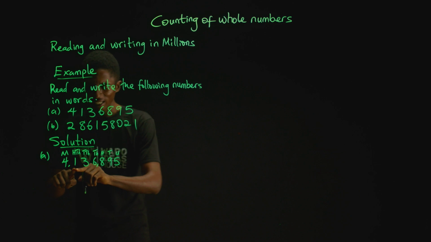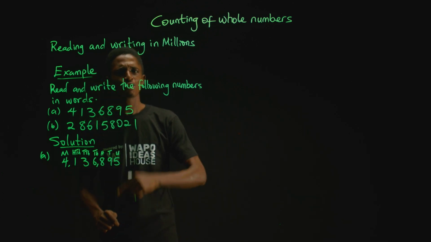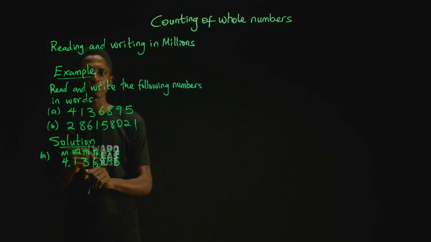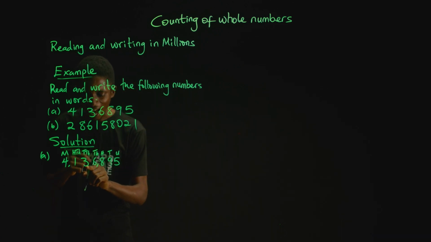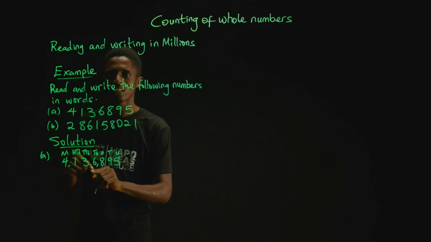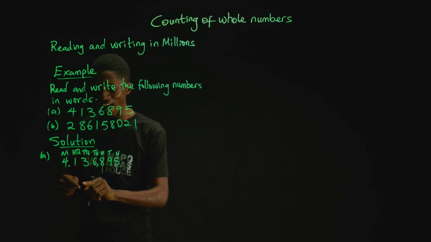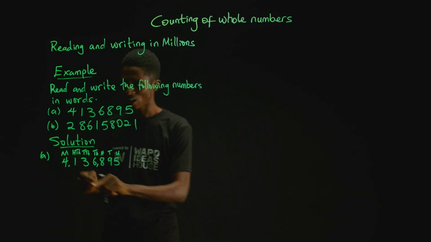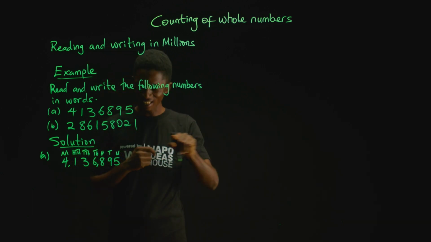The next one is in the thousand category. So we read the 3 digits together by saying 136. Then the place value, thousands. 136 thousand.